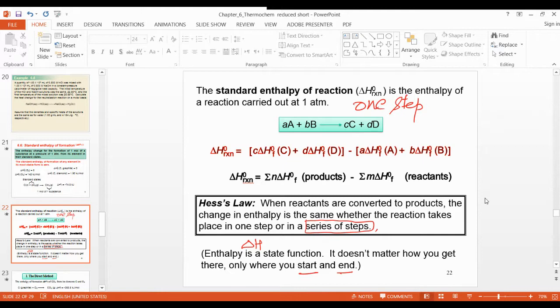When you reverse it, the sign of delta H will change. If it is minus, it will change to plus, right? Sometimes you multiply by 2: suppose in the beginning your reactant is 2, but in the series of steps that compound is not 2, so you have to multiply by 2.